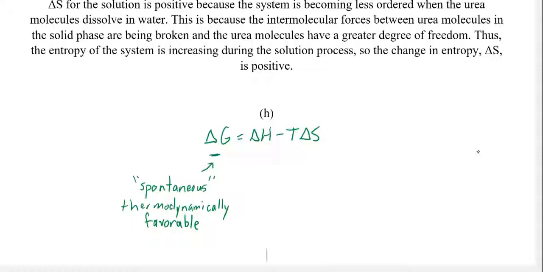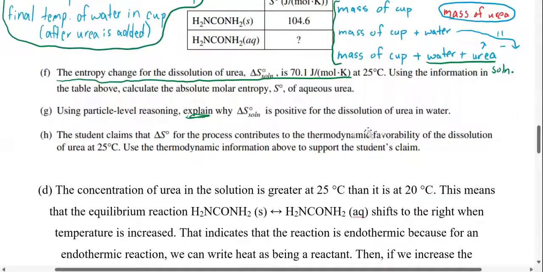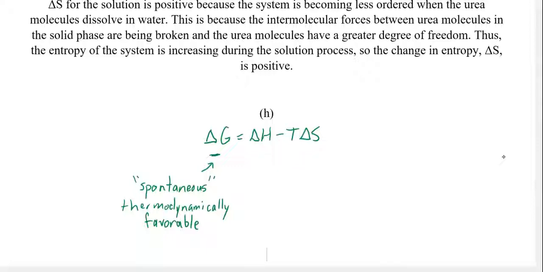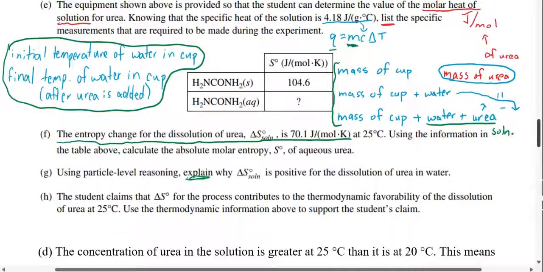So what I would use to justify why the entropy does contribute to this process being thermodynamically favorable is that the delta S is positive, which we are told that it is. It's right here: delta S of the process is positive.